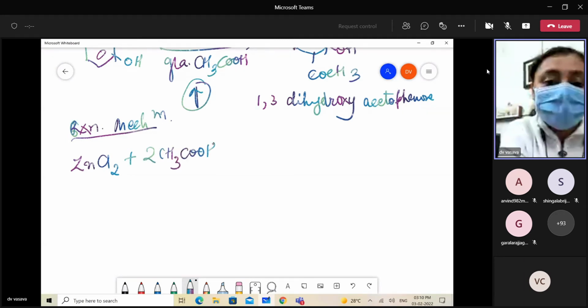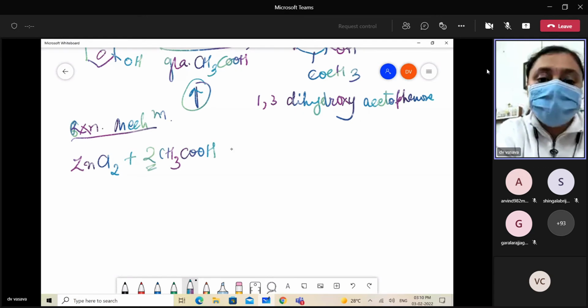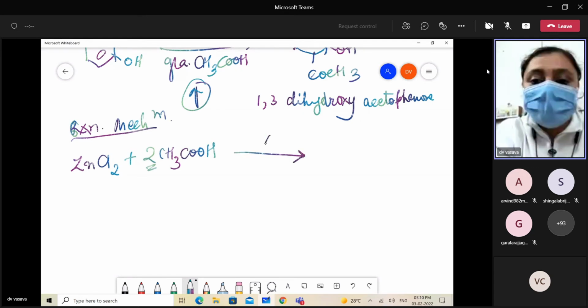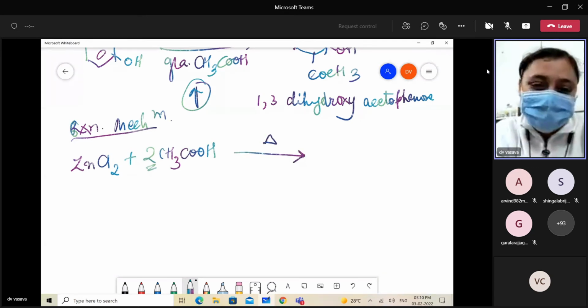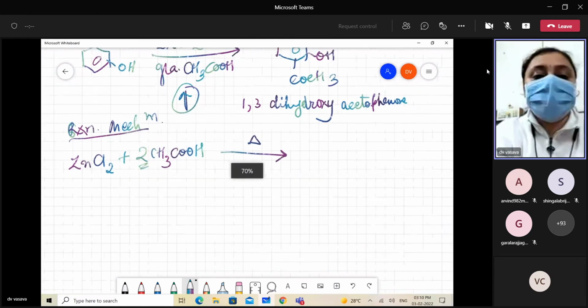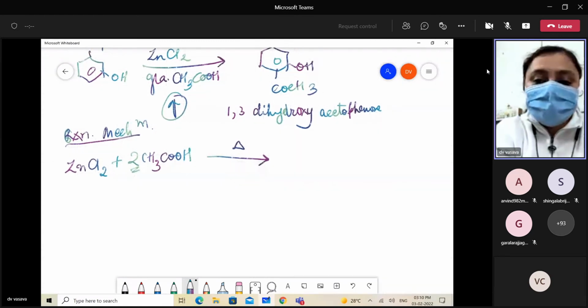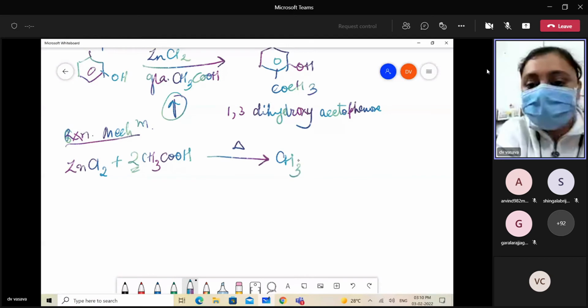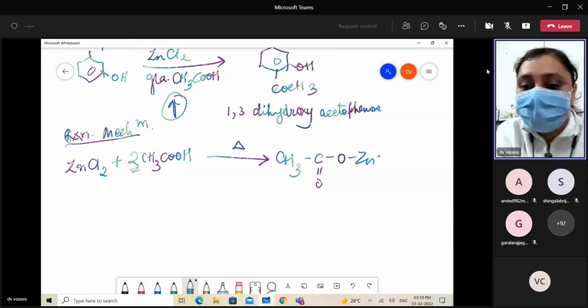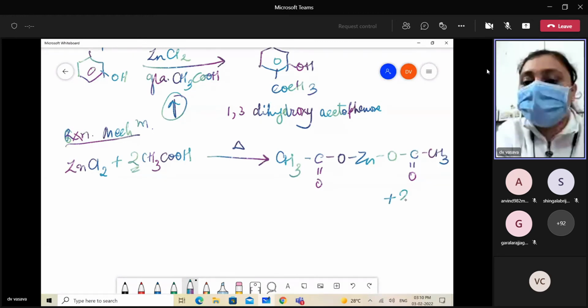So we will take 2 moles of glacial acetic acid and, providing heat to it, we get CH3C=O-O-Zn. This is a Zn salt which is formed along with 2 moles of HCl.